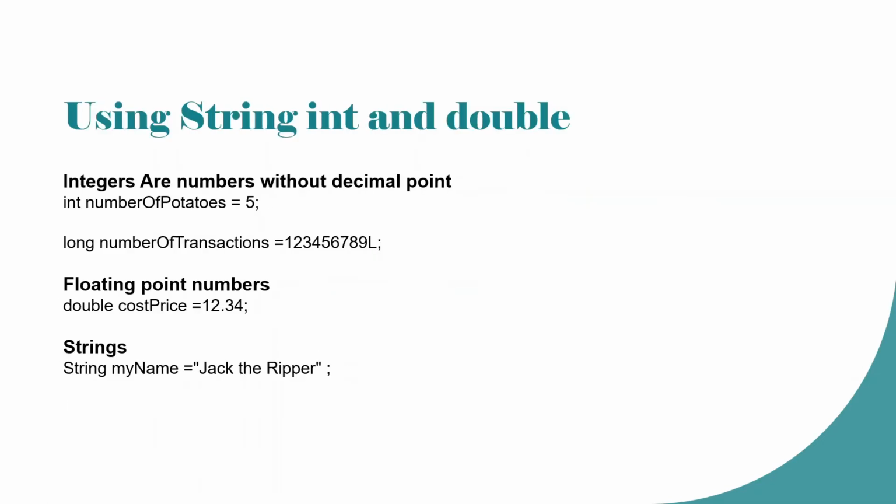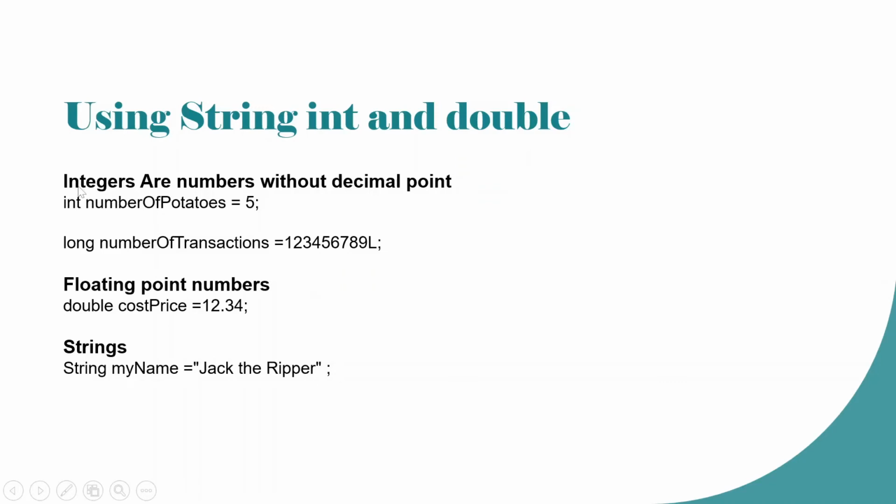Now, in order to be able to write some useful code at this point in time, we need to be able to declare variables so that we can use them in our code. We are going to show you three types of variables that you can declare.